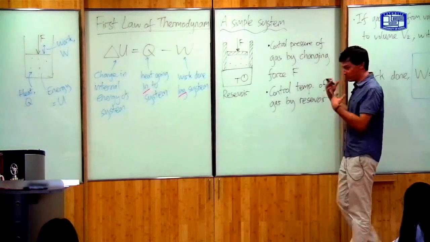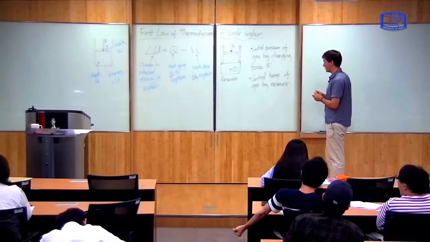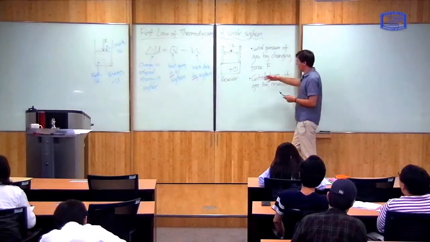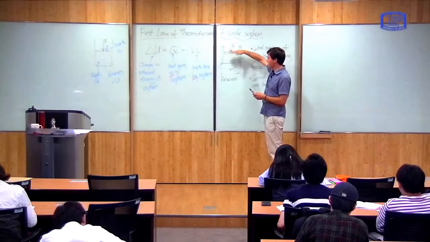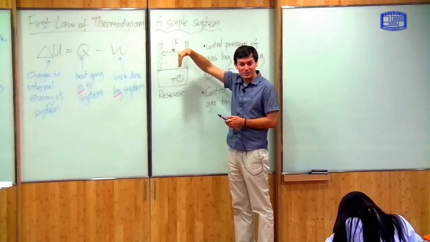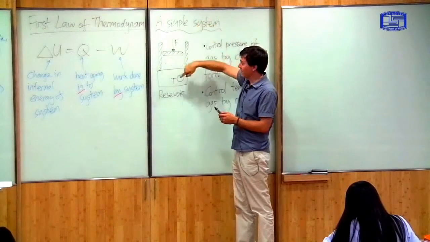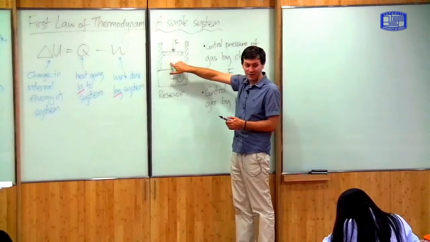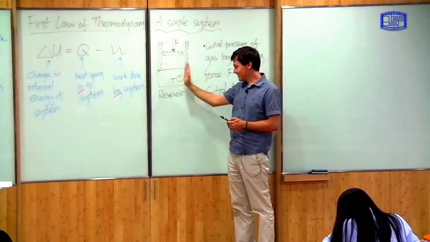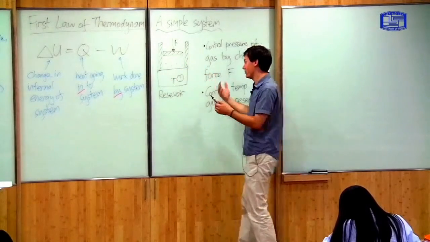So we imagine we have complete control of this system. We can control the system in different ways. For example, I can increase the force F and push the gas down, or I can decrease the force F and let the gas expand. I can increase the temperature and thereby increase the pressure, or I can decrease the temperature and thereby decrease the pressure. So I have complete control of this system.